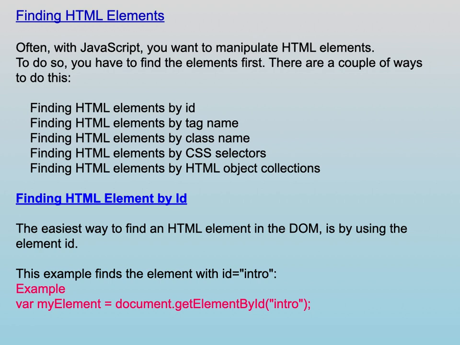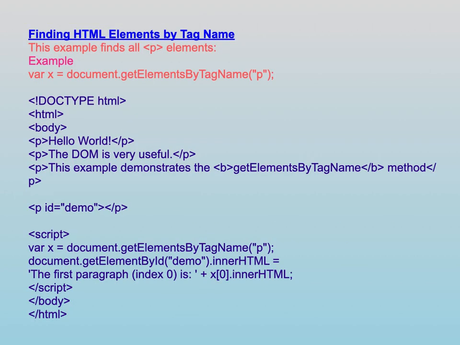For example, if one element has its ID attribute set to intro, that element will be identified by the getElementById method from the document, and that value will be assigned to the myElement variable. We will see one example here.